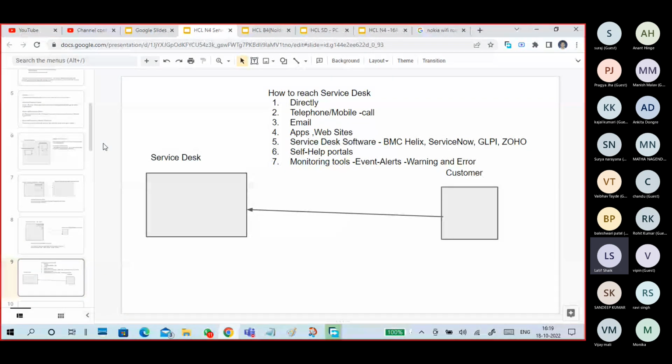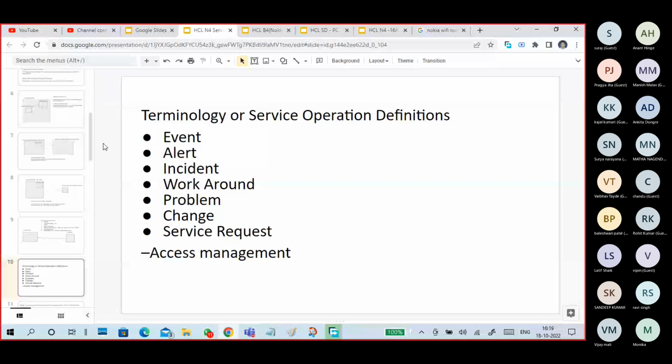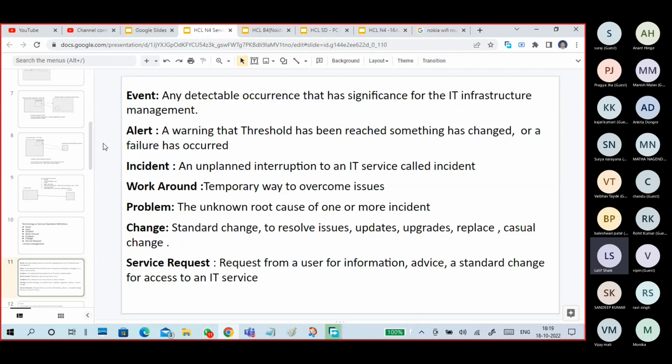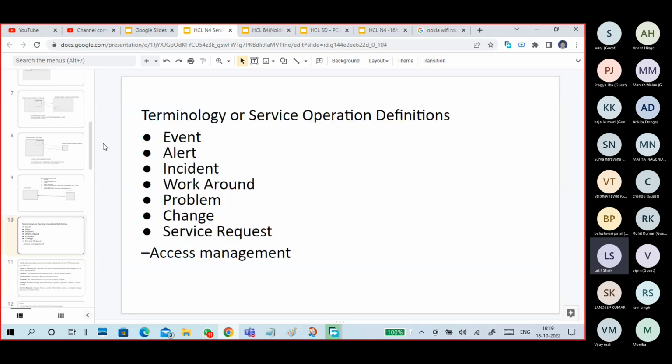These are the terminologies used in the service desk: service operations, event, alert, incident, workaround, problem, change, service request. These are the main terminologies, and I'm going to explain them after the break.